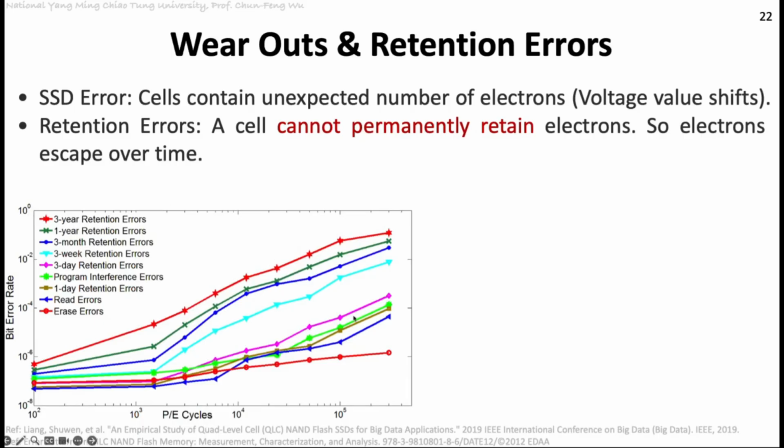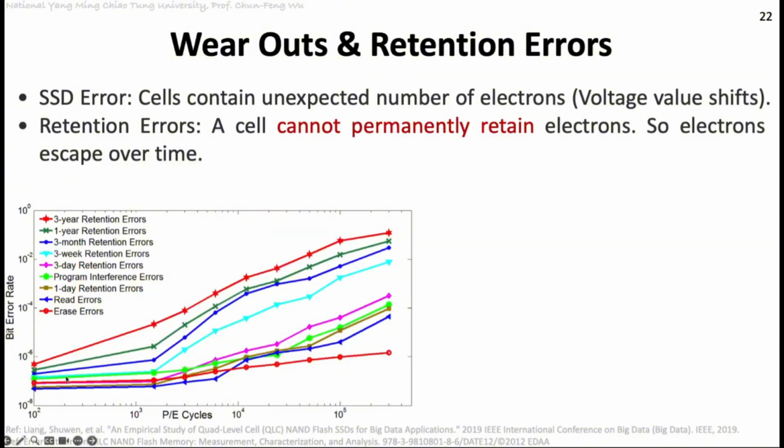So you can see the different lines here. The red line means 3-year retention. If we put the SSD there for 3 years and we don't do anything, how many errors are there? So for the top red line here, for 3-year retention, you can think about it as: we first write and read the SSD 100 times, because this PE cycle is 10 to the 2, which is 100, right?